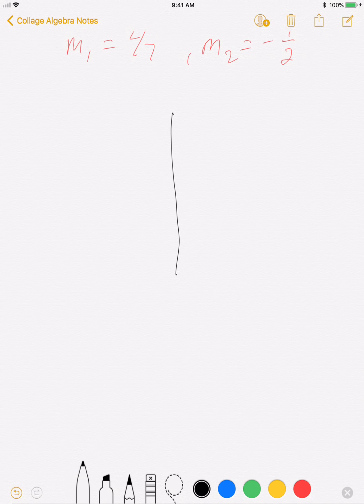So if I start right here from the center, if my first line has a slope of 2/3, that means starting from the center, I will go up 2, and then over 3, 1, 2, 3. That gives me this point right here, and my line will go this way. That is L1.